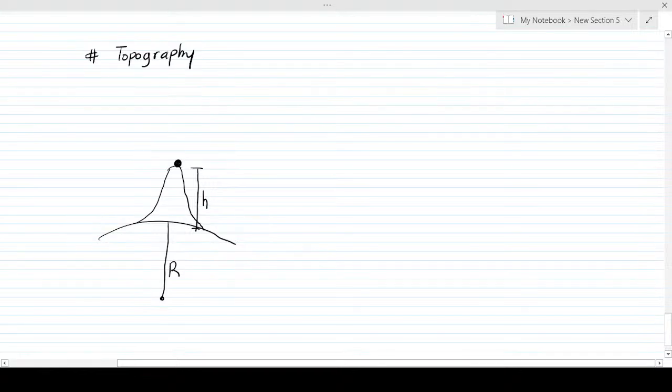Now, topography will also have an effect on the gravitational force. It either increases it or decreases depending on the topography. So in this case, let's see what will happen. Our force due to gravity will be given by G M of the body over R plus H squared, because now the distance is from here, from the center to the body.